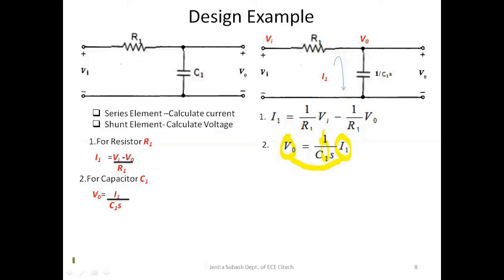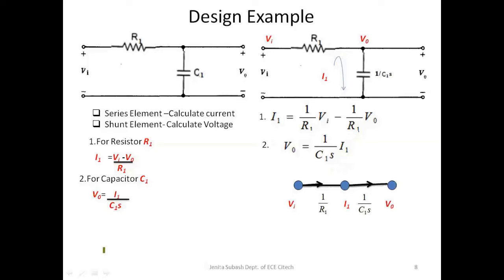Making use of this idea, let's plot the signal flow graph. V0 is the output, and from the node I1 we have a branch moving towards V0 with the branch gain 1 by C1S. Then moving on to the first equation, we have a node Vi which is moving towards I1 with the branch gain of 1 by R1.